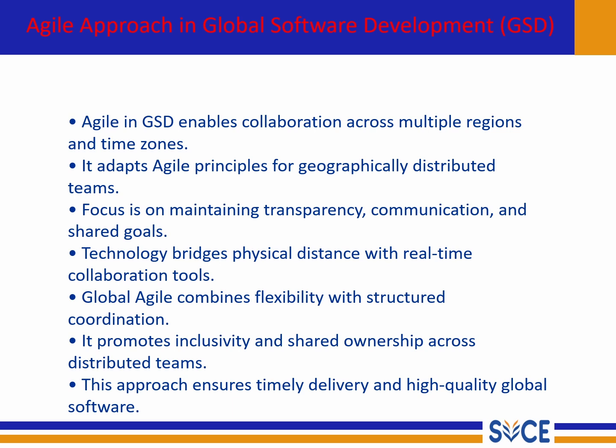Another advantage is that Agile promotes shared responsibility. Every team member, no matter where they are located, contributes to the success of the project. Because of this strong coordination and teamwork, Agile enables faster delivery and better software quality in global projects.